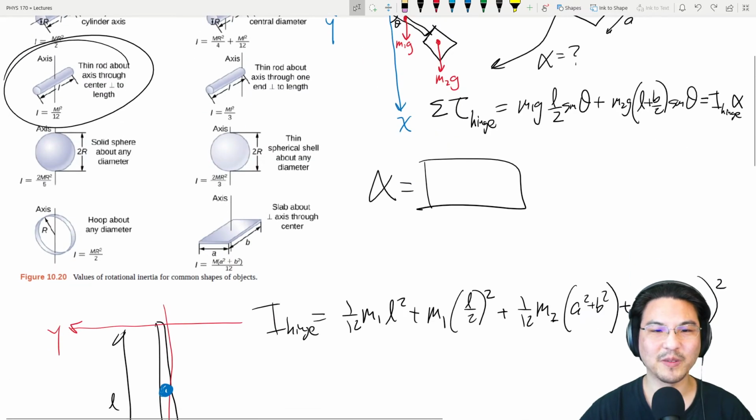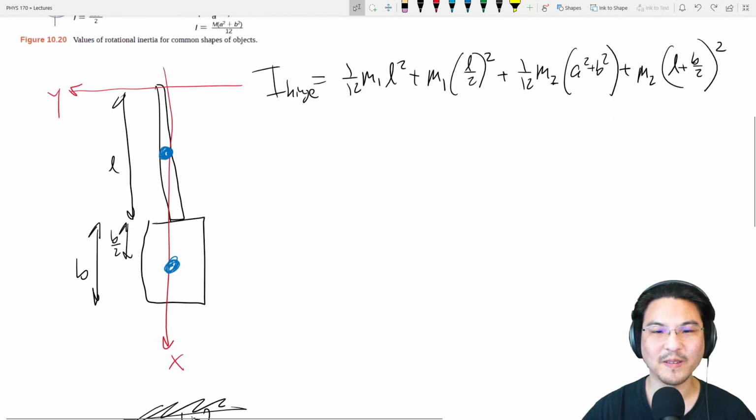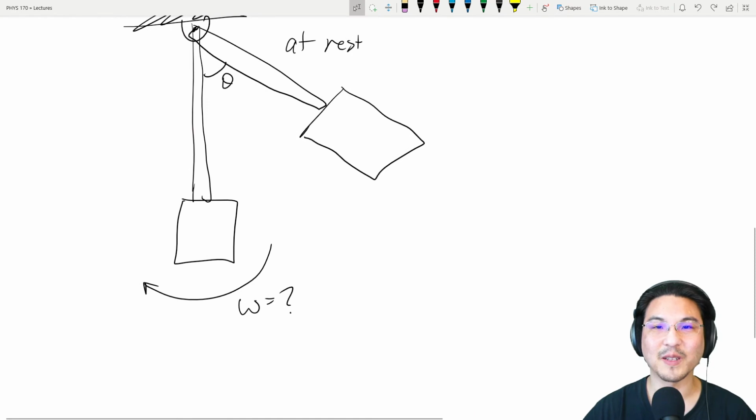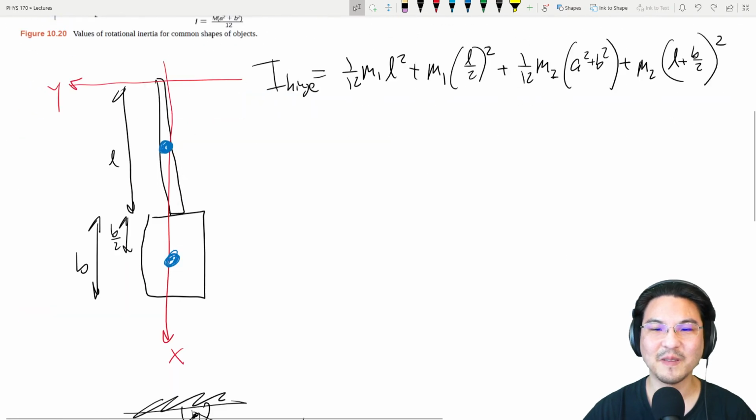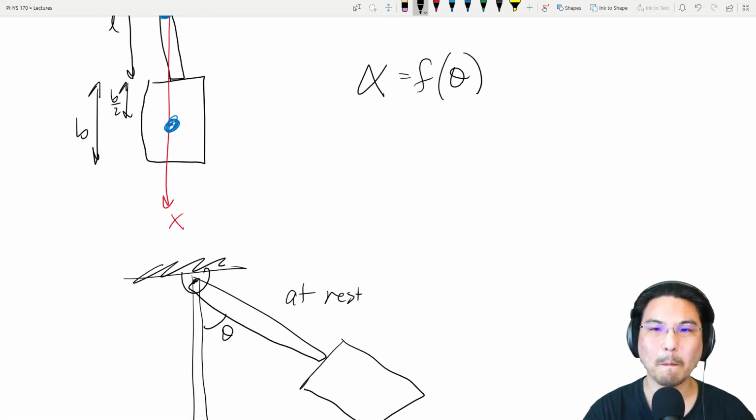So we wouldn't be able to use kinematics for constant acceleration. You could integrate over the angle. That would be fine. Not over time, because it's a function of angle, right? So you have angular acceleration as a function of the angle, but then angular velocity is like this. So then if you integrate, how do you integrate?